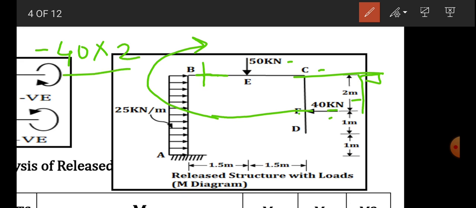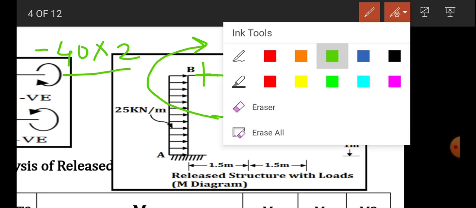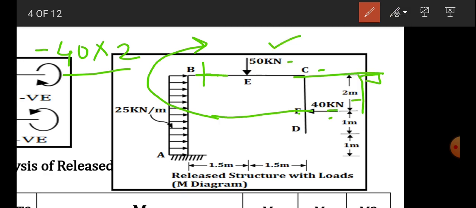Now the second force is 50 kilonewton, acting vertically. If we draw the imaginary axis, this will be the line of action through that 50. Out of the two imaginary axes, horizontal and vertical, now consider the vertical axis because the force is vertical.